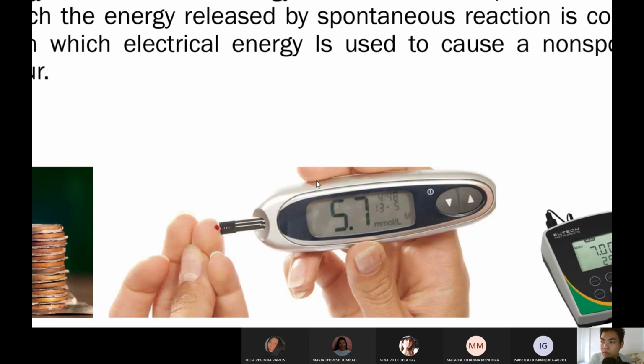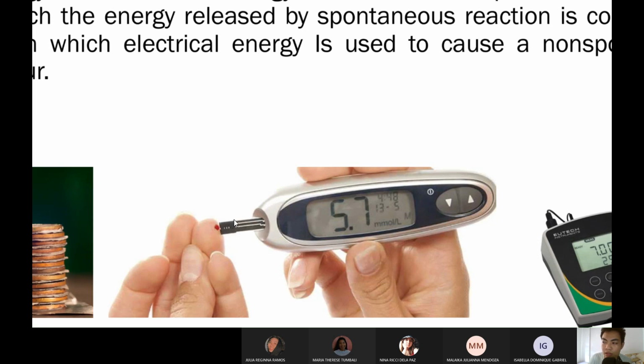And then what will happen there is that this system, or this device, will actually pass through certain potential to your blood. Magpa-pass through siya ng kuryente doon. Okay. Kaya nga yung mga test strip ng glucose, may mga circuit doon, no? So, pag nilagay mo yung dugo dyan, magkakaroon ng circuit dito.